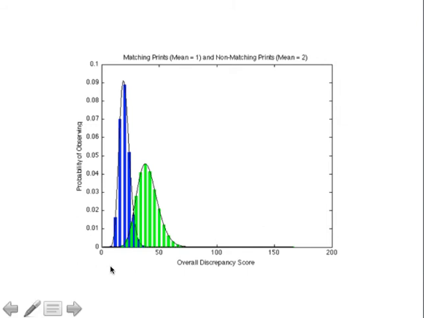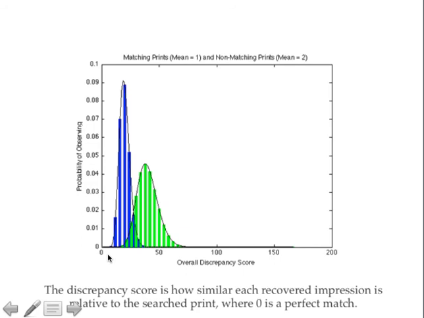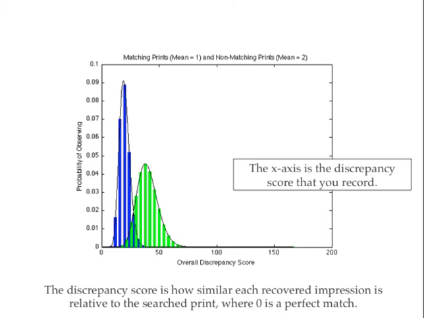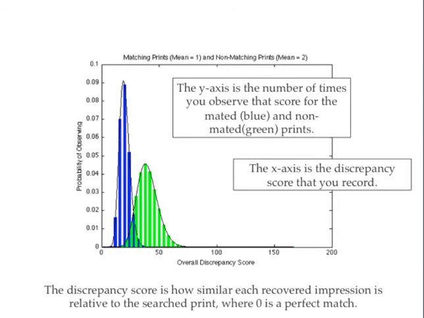The x-axis here, the discrepancy score, is how similar each recovered impression is relative to the search print, where 0 is a perfect match. The x-axis on this graph is the discrepancy score that you record for each print that's returned from the database. So this is just the score returned on the AFIS screens. The y-axis is the number of times you observe that score for the mated and non-mated prints. So the mated are in blue and the non-mated are in green.